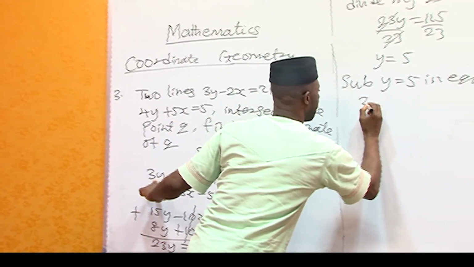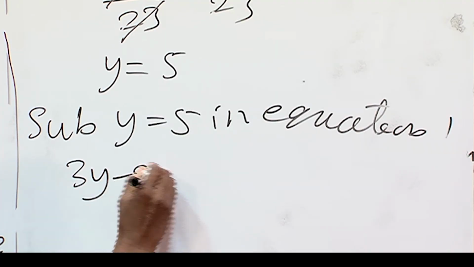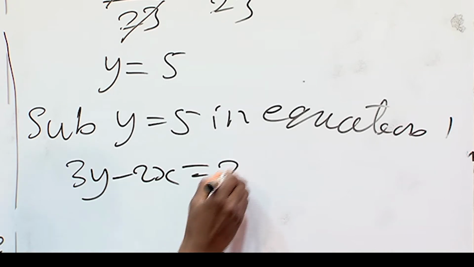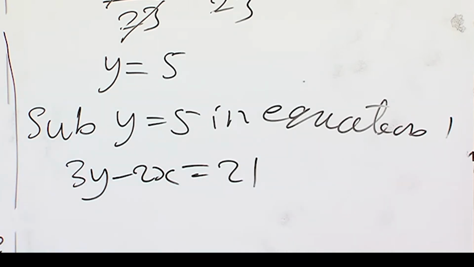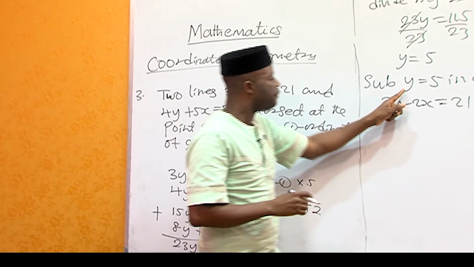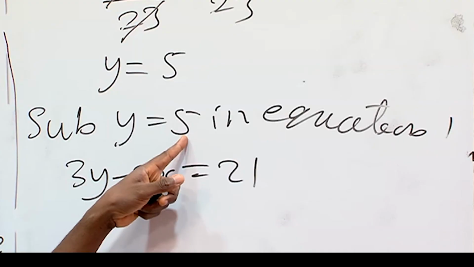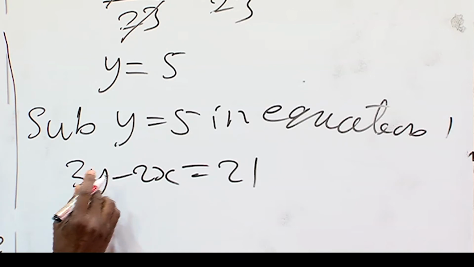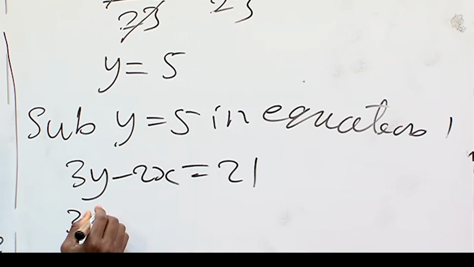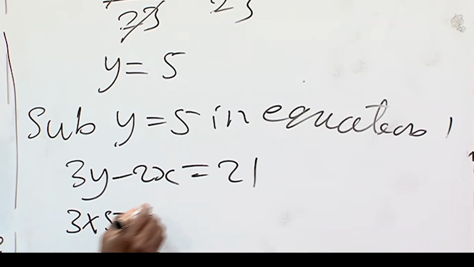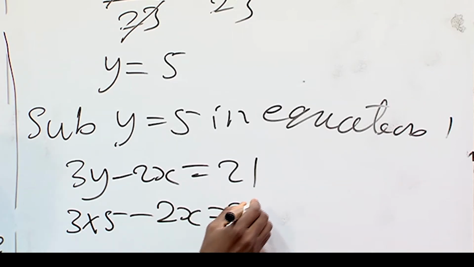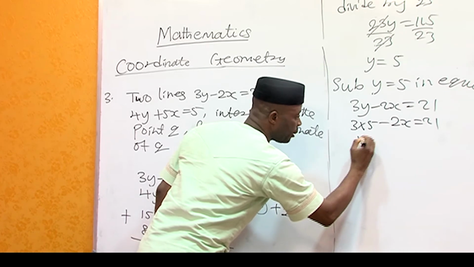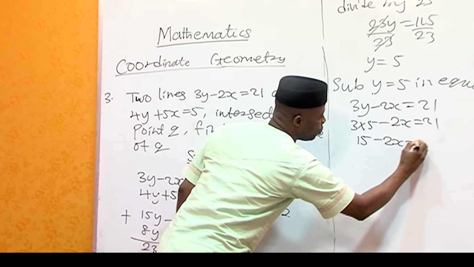So I am using 3y minus 2s equals 21. Now, y equals 5. So you substitute: 3 times 5 minus 2s equals 21. So 3 times 5 gives us 15 minus 2s equals 21.